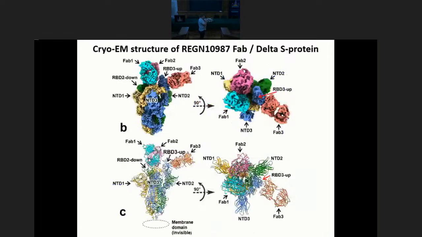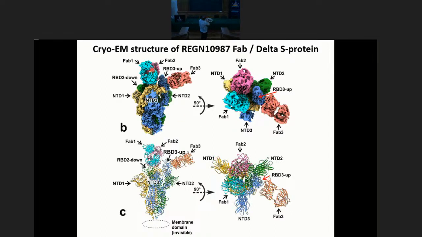Here the overall model is shown. You can see the trimeric S protein with two RBDs in up conformation and one RBD in down conformation, and three Fab fragments that attach to these RBDs.